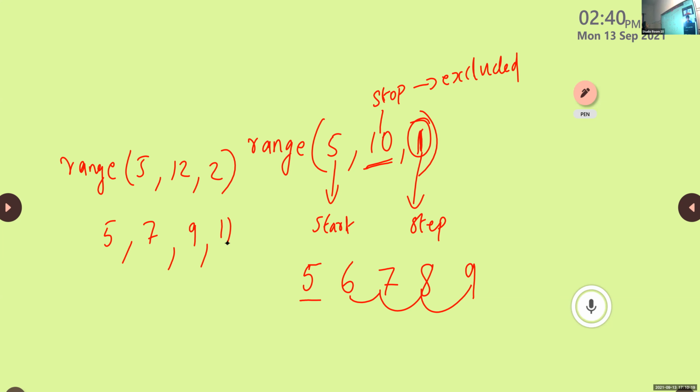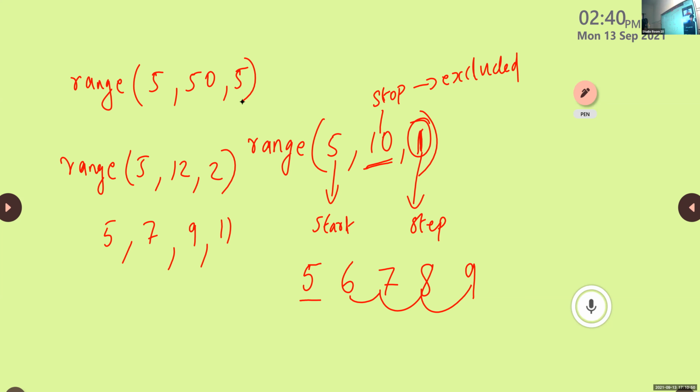Okay. So next, write one more question. Range of 5, 50. If there is no step value, that means the step value is 1. Note the point: the default step value is 1.